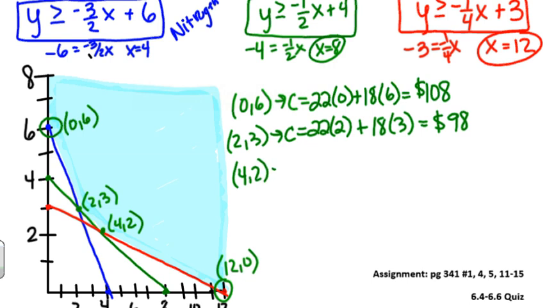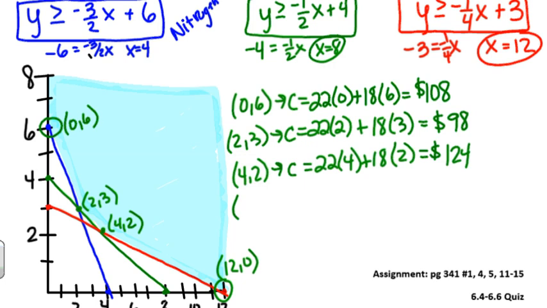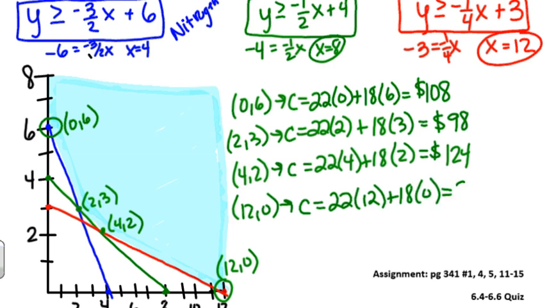Point 4 and 2, our cost is 22 times 4 plus 18 times 2. We're back up a bit at 124. And our lowest point, but to the right, is 12 and 0, which gives us a cost of 22 times 12 plus 18 times 0 is $264.